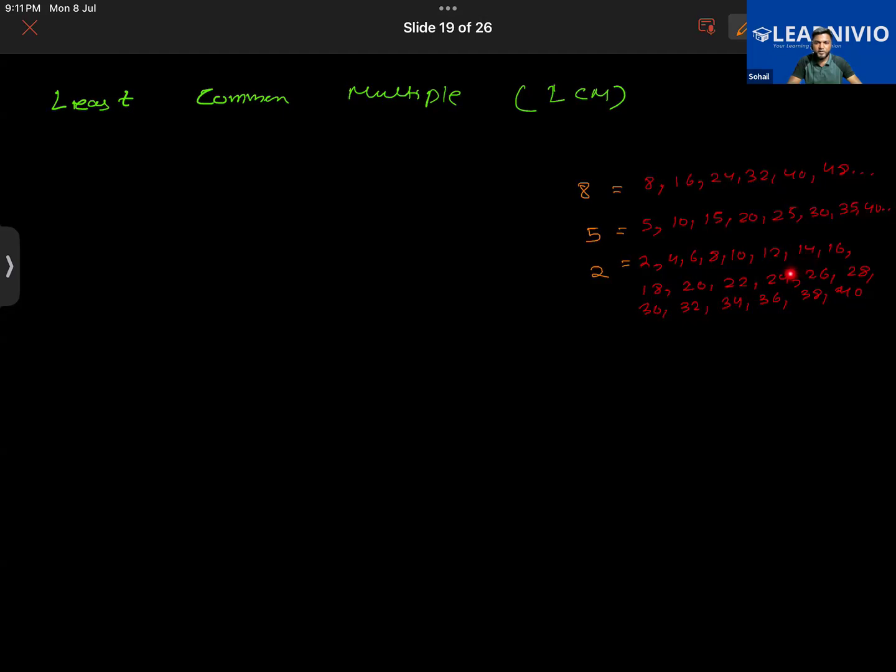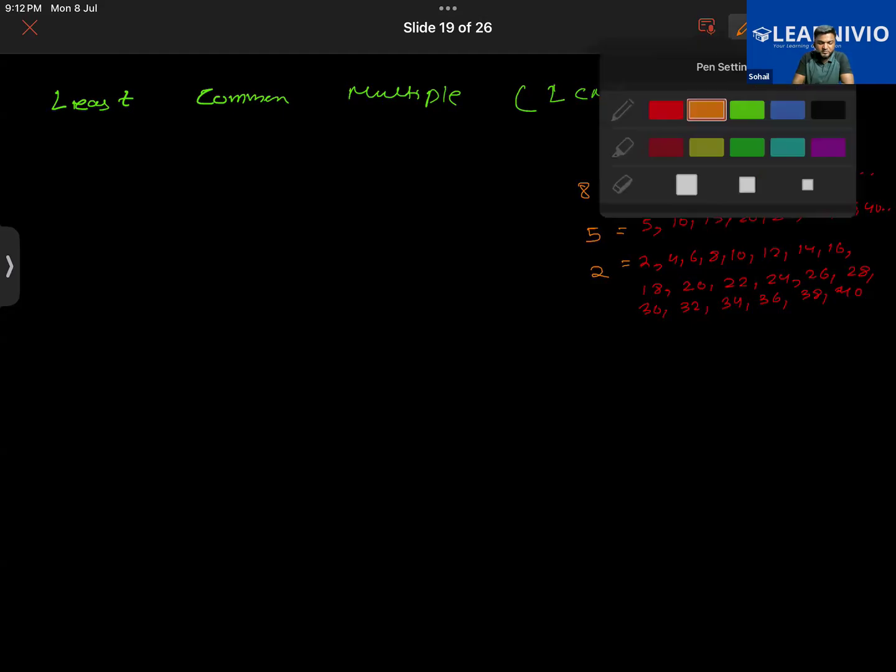Can we have a multiple greater than 40? Yes, of course we can. But what do we observe about 40? So 40 is the least common multiple. It's the smallest number which is a common multiple of the numbers 8, 5, and 2.